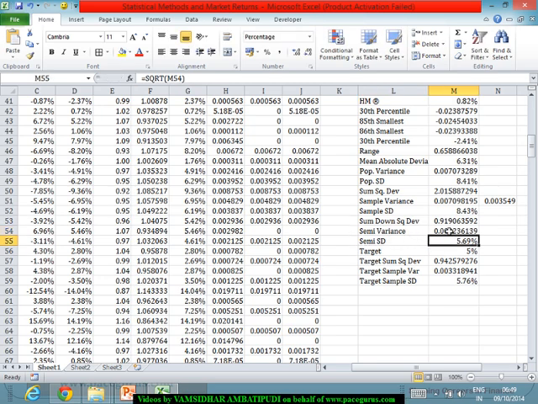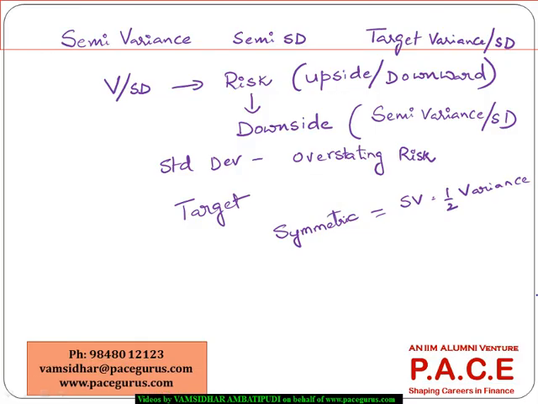So the downward-only semi-variance is almost closer to half of the sample variance. If it is more or less equal to half, then my return distribution is more or less symmetric.